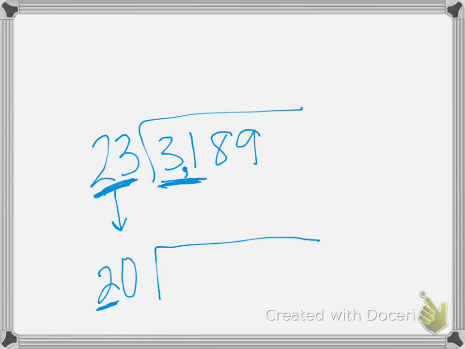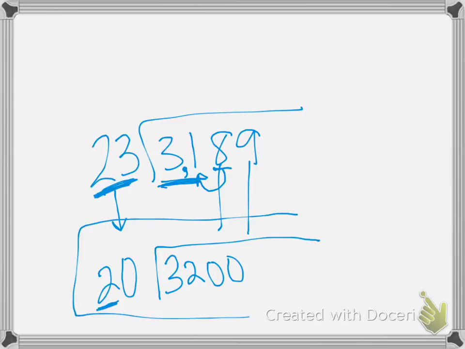I would make it go up to be a 32 because of this 8. This 8 can tell me that can go up to a 2. It can round up to a 2, and then I just make these two zeros. So this is what I would make my problem look like if I were just estimating.